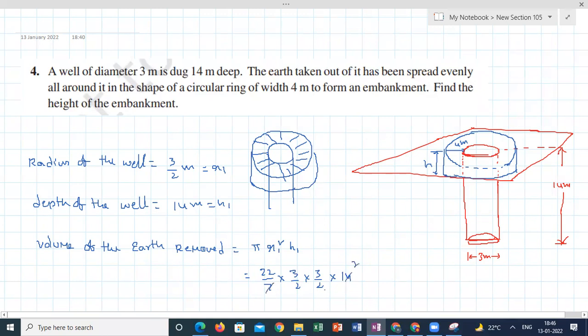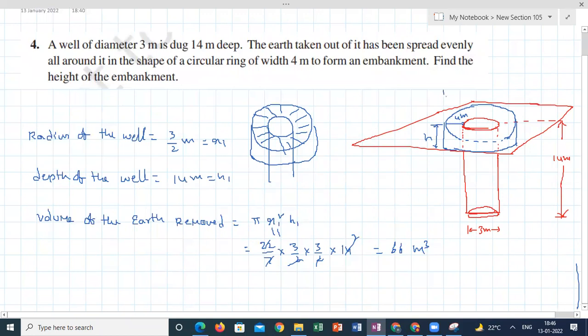So this is 2 times, 2 cancels, 11 times. So the answer is 66. 66 meter cube of earth is removed.